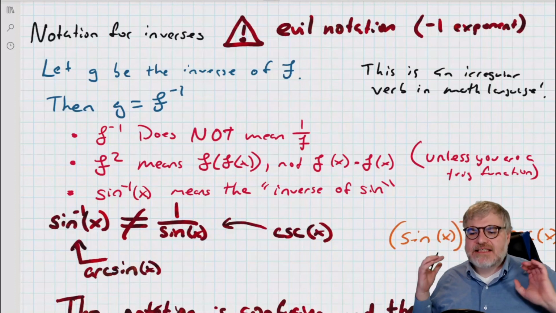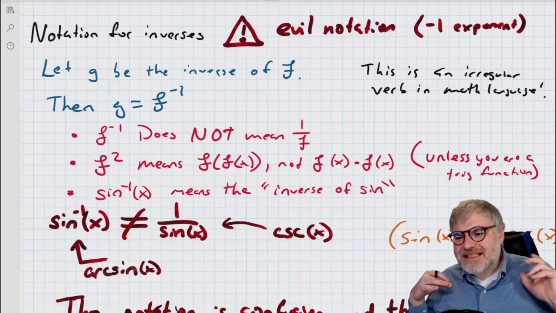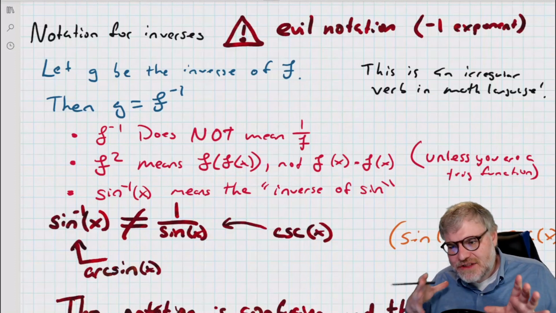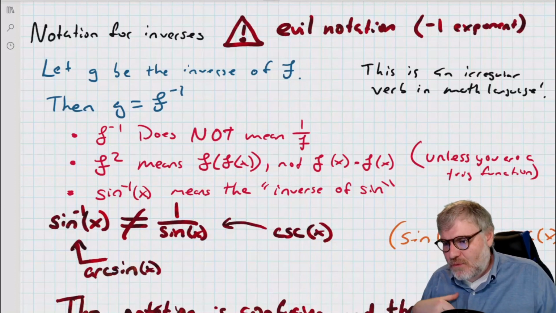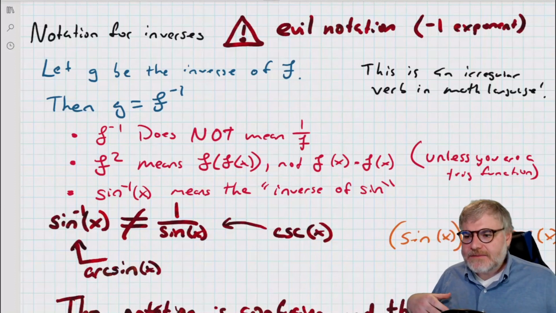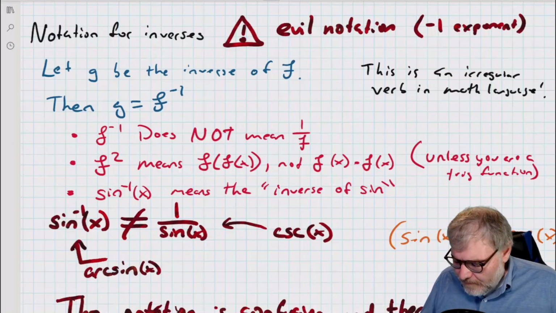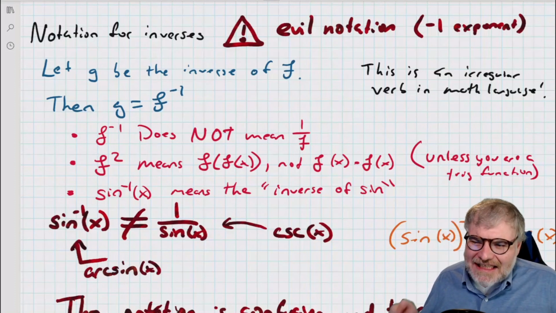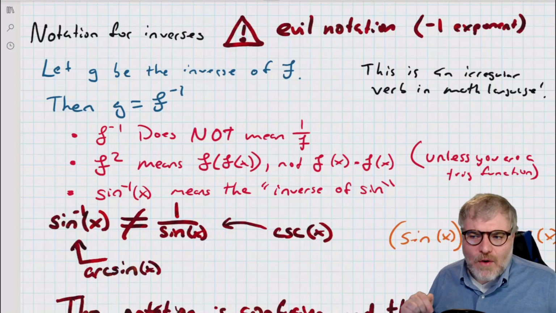Not nasty in terms of the notation being bad, it's just irregular. It's just an irregular verb, right? Trig is kind of the oldest thing in math, so it's got notation that is just for trig in one sense. But sine negative 1 means the inverse of sine, not 1 over sine.